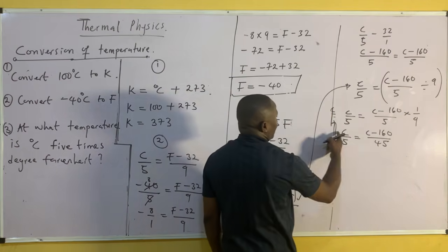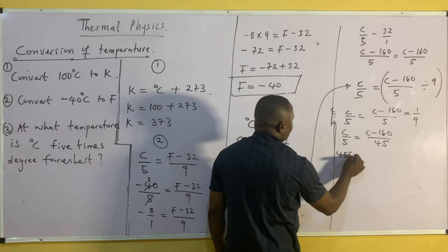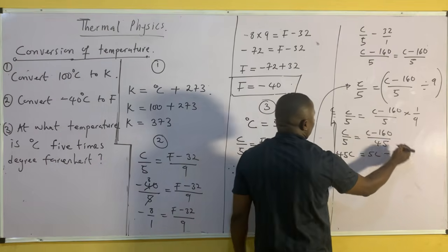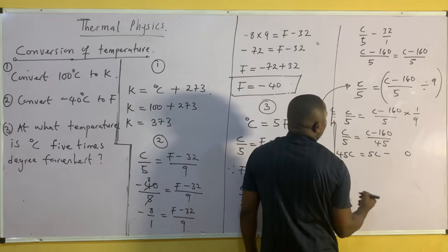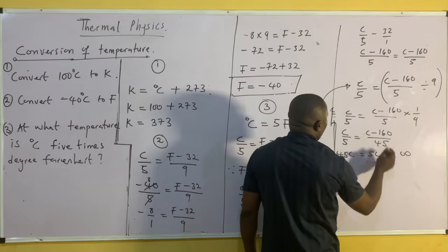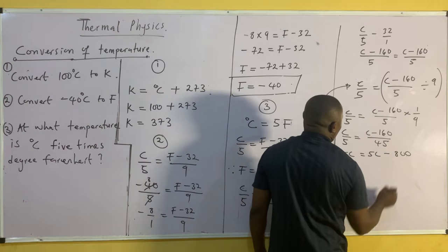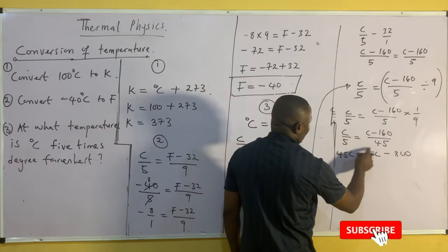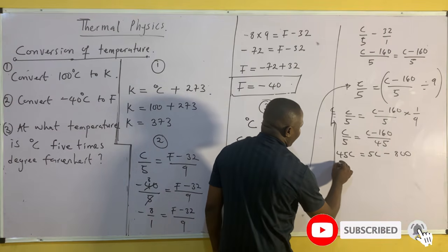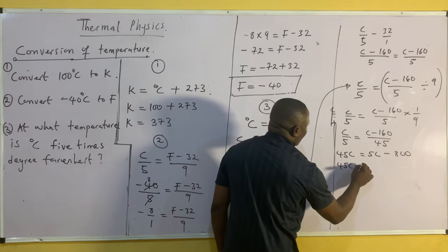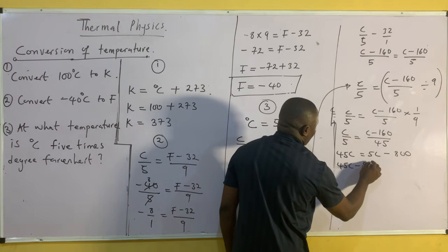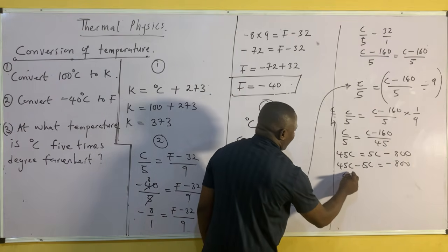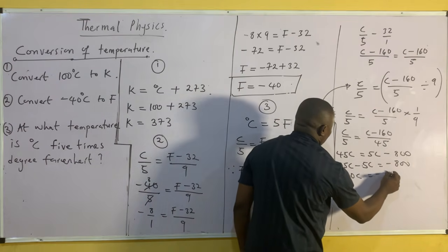So now cross multiply and I have 45C is equal to 5C minus 800. Now take this way. You now have 45C minus 5C is equal to minus 800. So I have this as 40C is equal to minus 800.